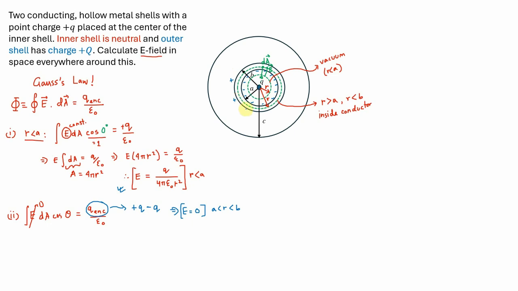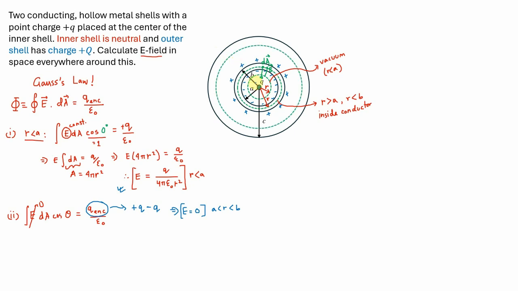So let's take a moment to think about what's going on. Well, the electrons are being drawn near to the positive point charge in the middle. So, of course, they leave a net positive charge on the outermost surface of the outer shell. Oh, sorry, of the inner shell, right? So, if the inner surface of the inner shell becomes negative Q, the outer surface of the inner shell becomes positive Q. All right, because the overall shell must be neutral.